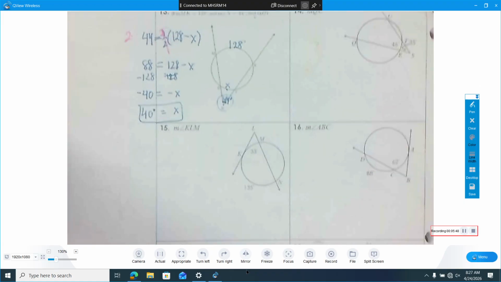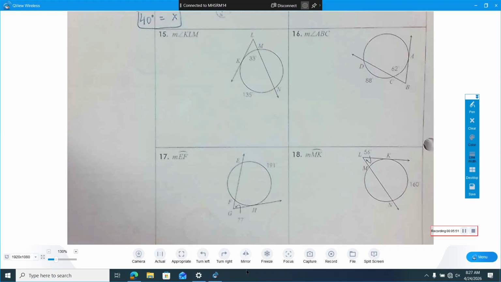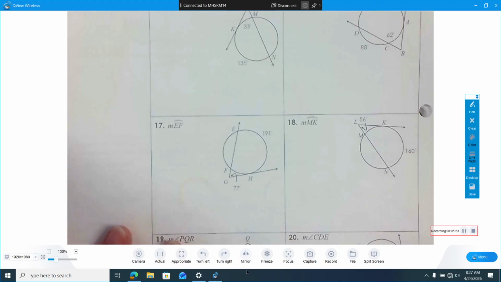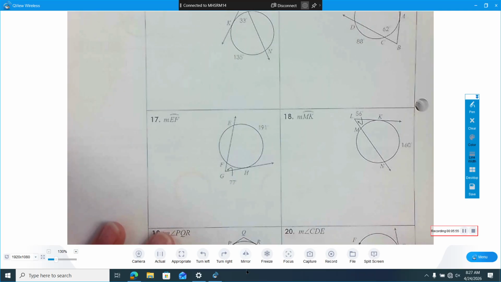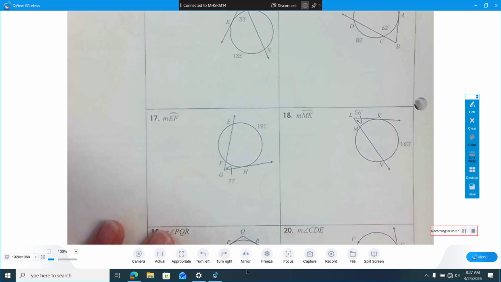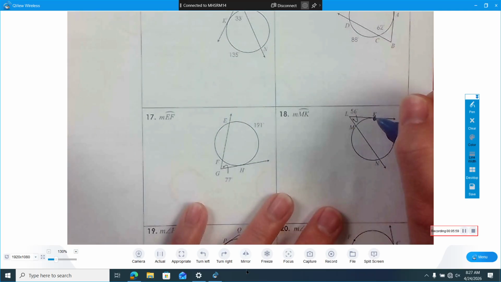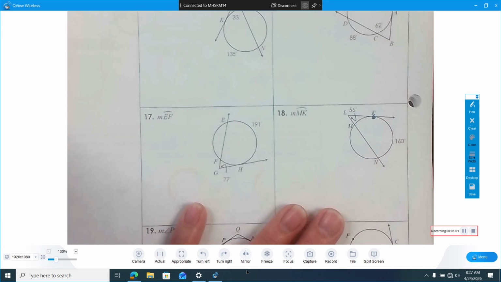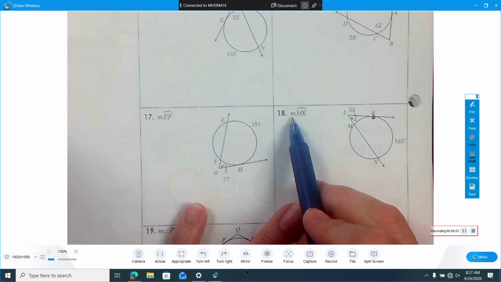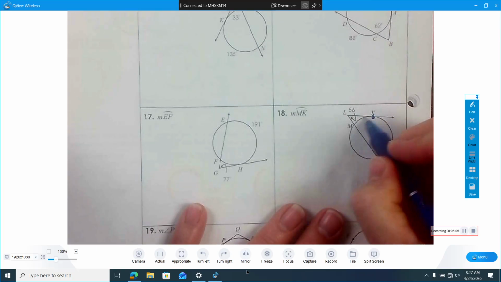Let's look at number 18. So number 18, we have a tangent and a secant line. And we want to find the measure of arc MK. So MK is right here.